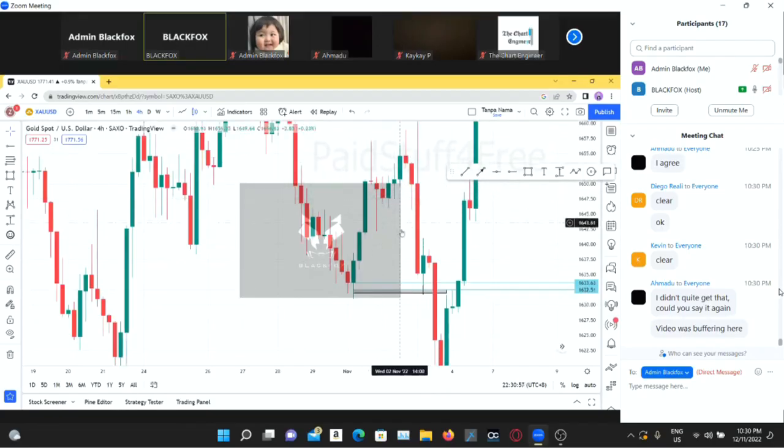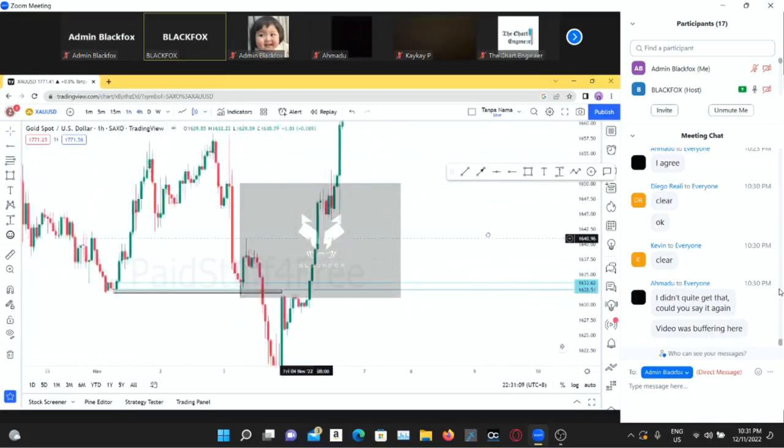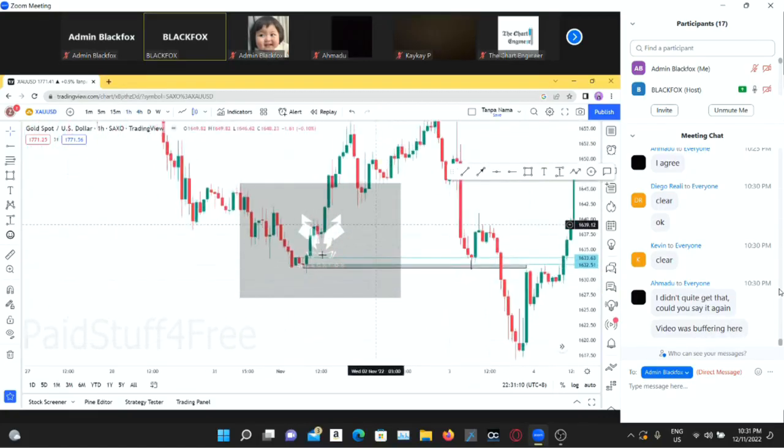This one support is broken already, and this is the new support for H4, the new storyline for H4. If you want to focus on this level, go to H1, and we must find buys below the level for the H4 storyline.